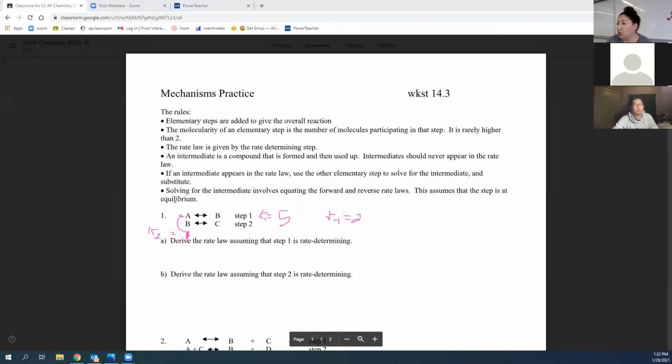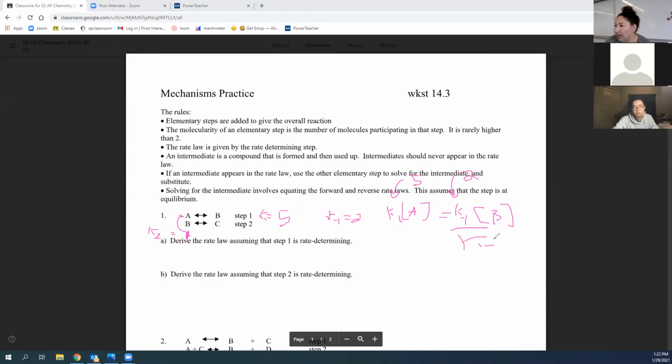So when we do K1 times A is equal to K negative 1 times B, this is the number 5 and this is the number 2.